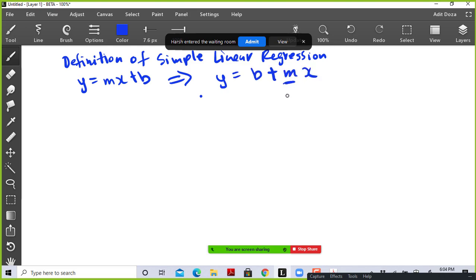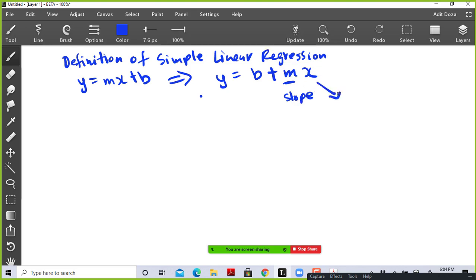So this is the slope, right? And x is your what? Independent variable, and y is your dependent variable. So in a simple linear regression, we usually have one independent variable and one dependent variable. So the dependent variable, always there is one. So that's about the simple linear regression, right?